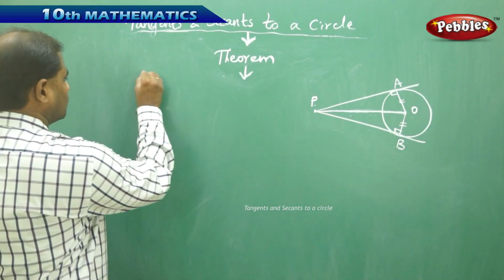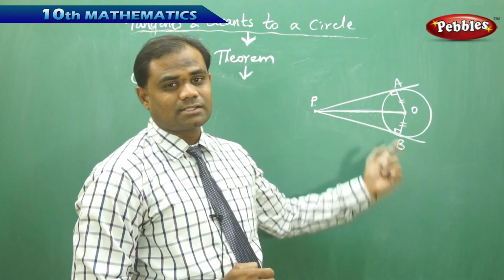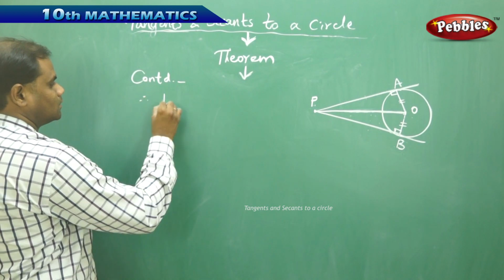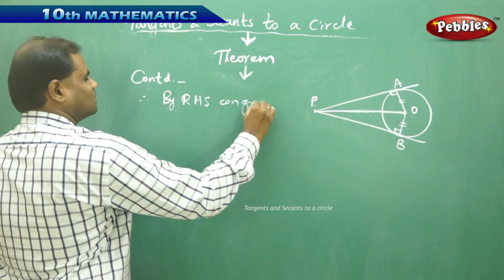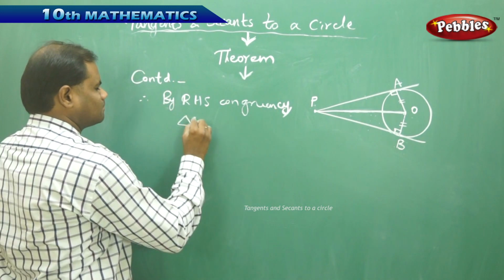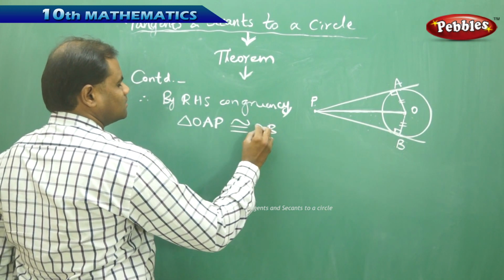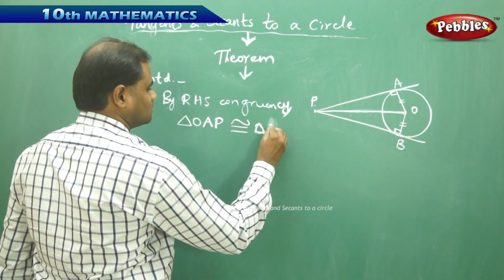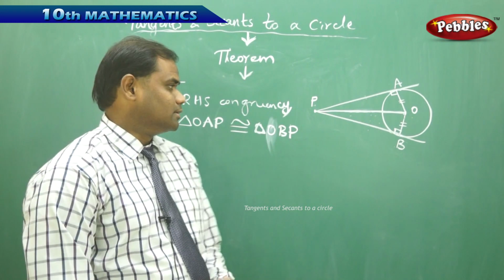Therefore, continuing from the previous part of the proof, I see that these two triangles are congruent by RHS congruency. Therefore, by RHS congruency, triangle OAP is congruent to triangle OBP, as can be seen clearly.